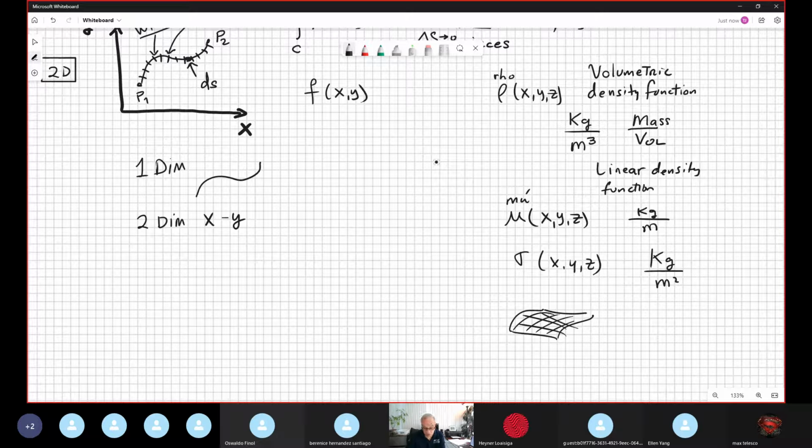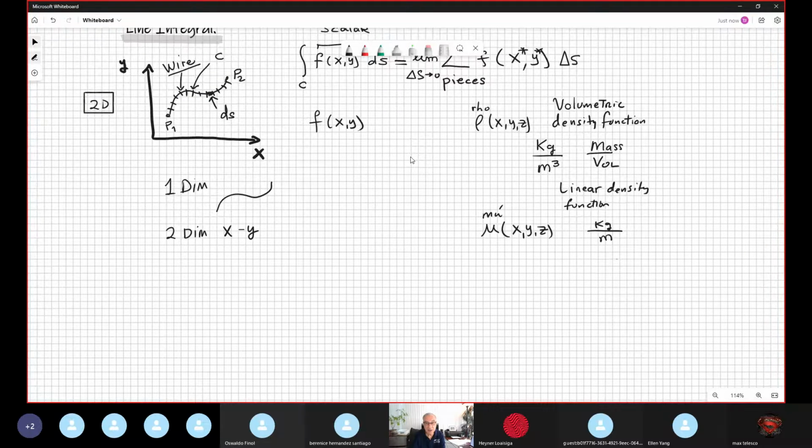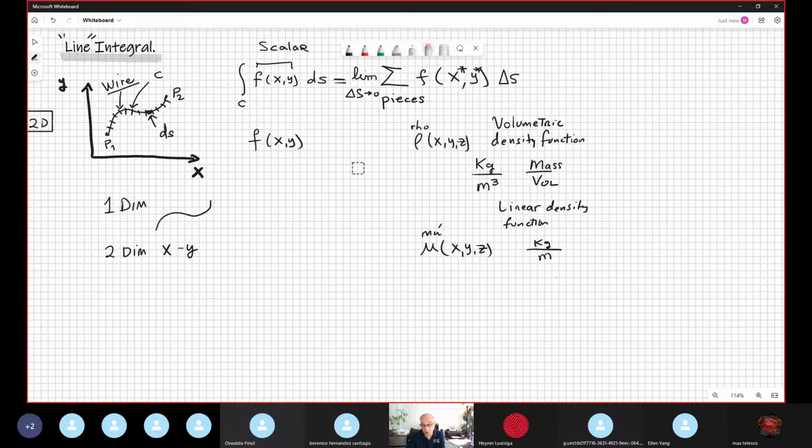But today we are talking about line integrals, which refer to one object in one dimension, not two dimensions. And before, in the triple integral, we supposed it was a solid, but today it is not a solid.